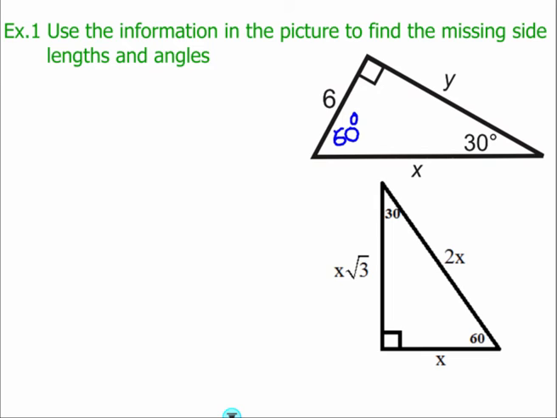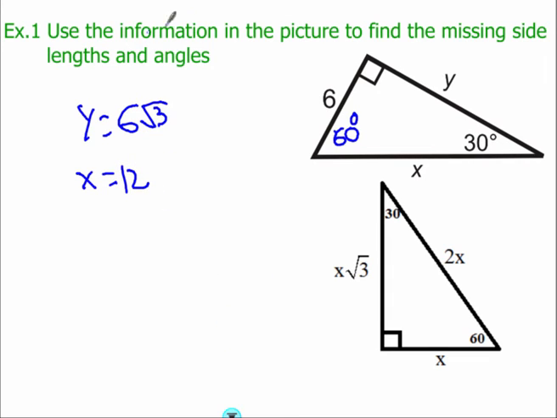So in this case, if we know that this is 6, then y is just going to be 6 times the square root of 3. Pretty simple. Then we know the hypotenuse is equal to 2 times our shortest side, so that's just 12.